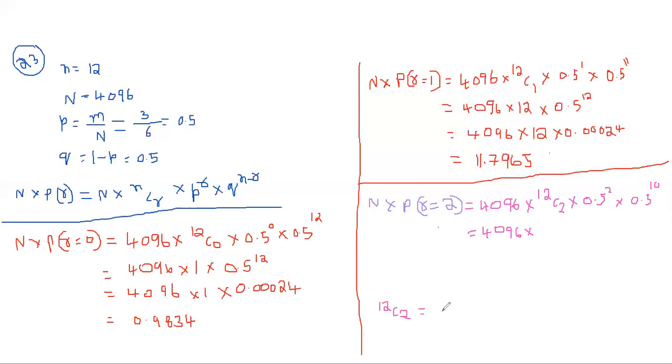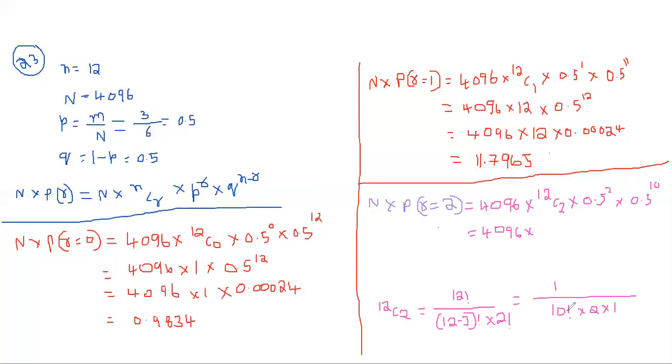12C2 is equal to 12 factorial divided by 12 minus 2 factorial into 2 factorial. 12 minus 2 is 10. So 10 is the largest number that I'm going to write directly, and the smallest number I'm going to expand, 2 into 1.